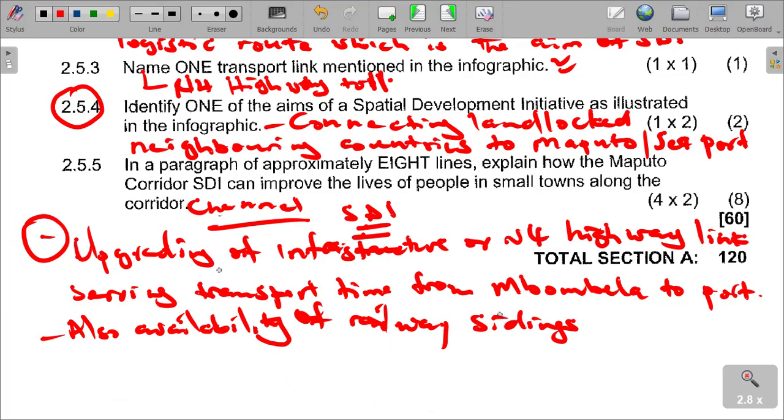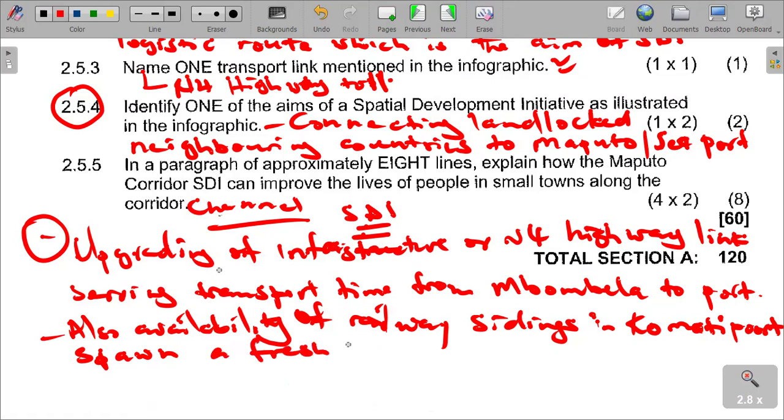In Komatipoort. What happens there? A fresh produce storage hub.